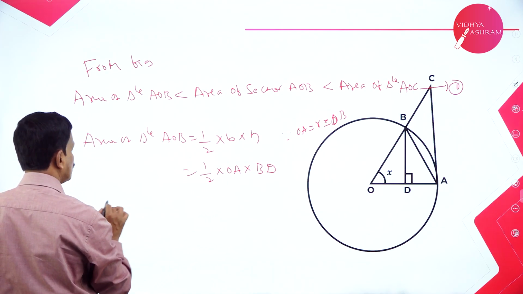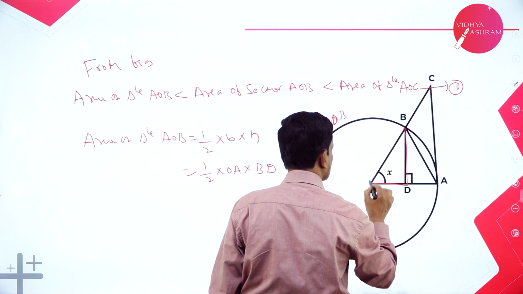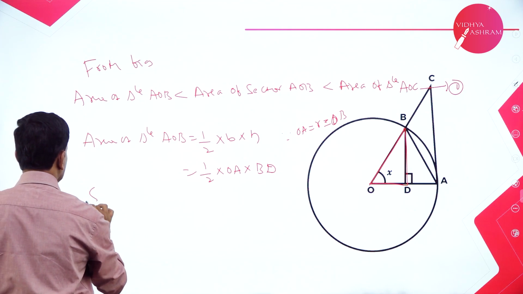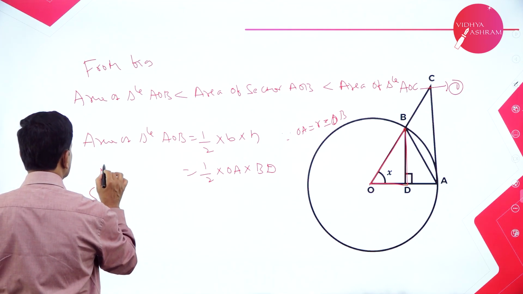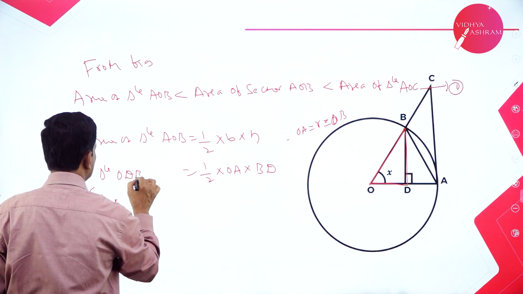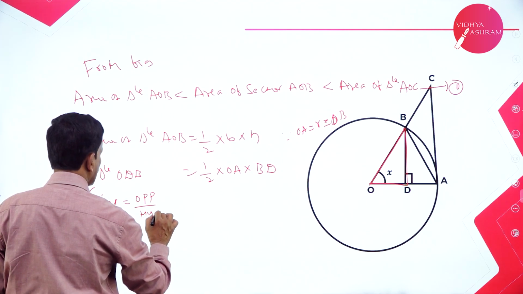Now from this triangle ODB, find out sin x. Sin x is equal to opposite by hypotenuse.